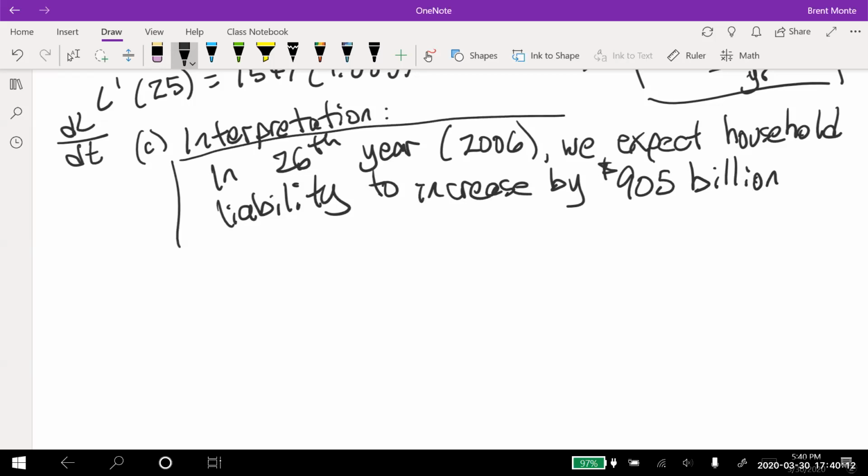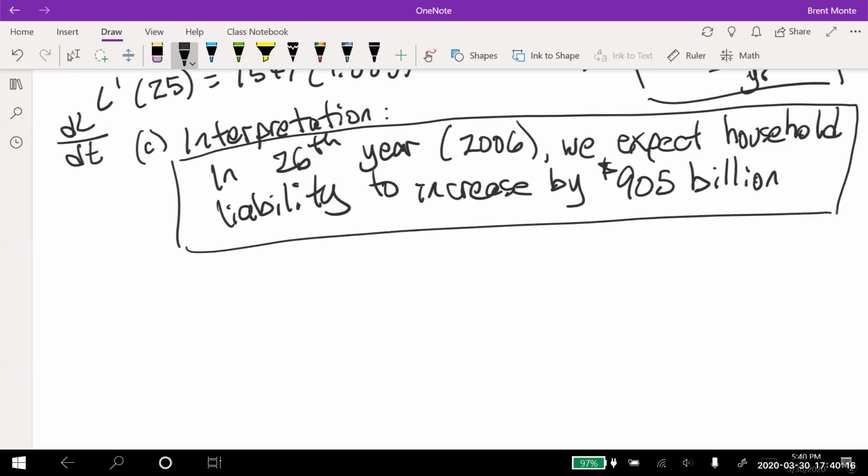Now, we don't have to say per year because we're only talking about 1 year. We're talking about the 26th year. So in the 26th year, in 2006, we expect household liability to increase by $905 billion.